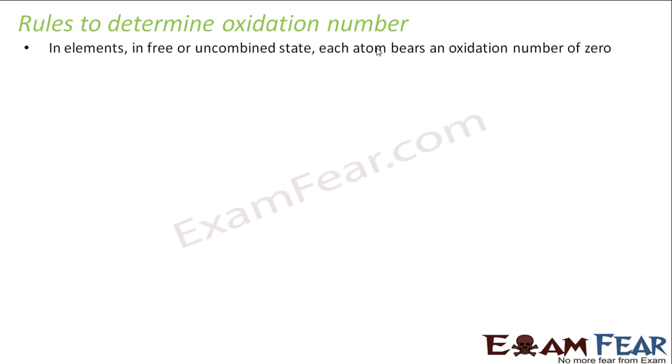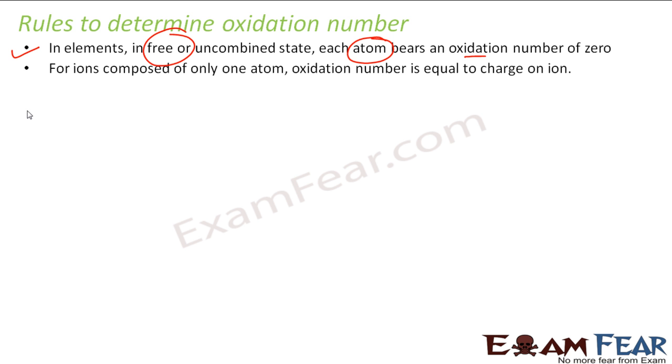The first rule says that in a free state, each atom bears an oxidation number of 0. We'll discuss all these rules in detail. The second rule says that if it is ions, the oxidation number is equal to nothing but the charge of the ion.